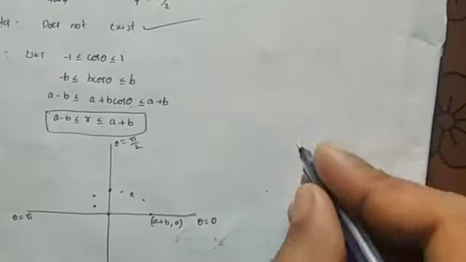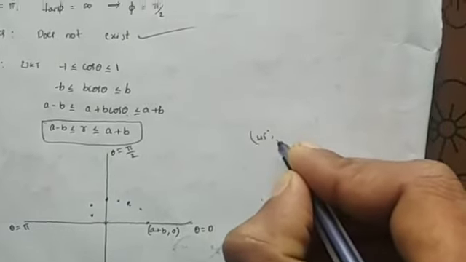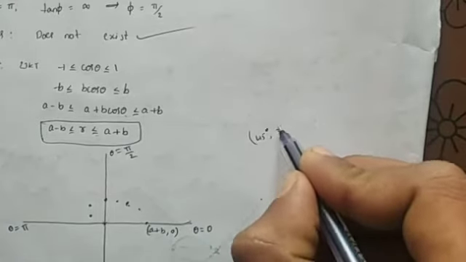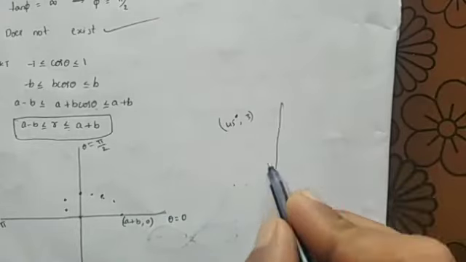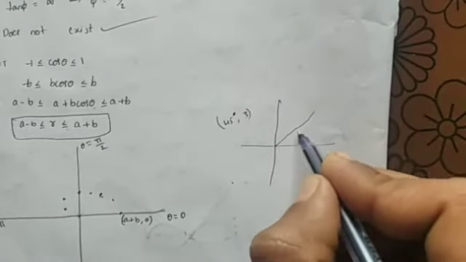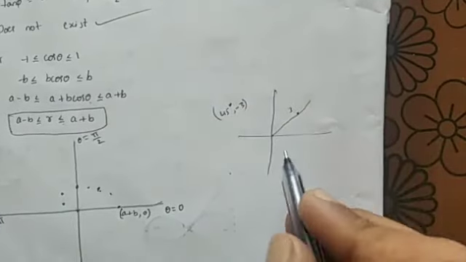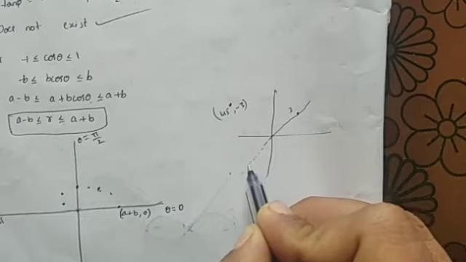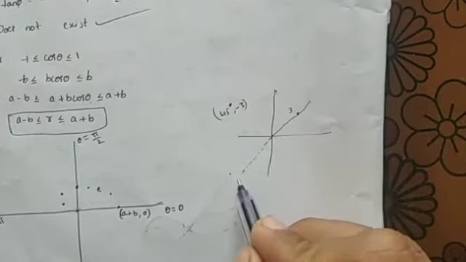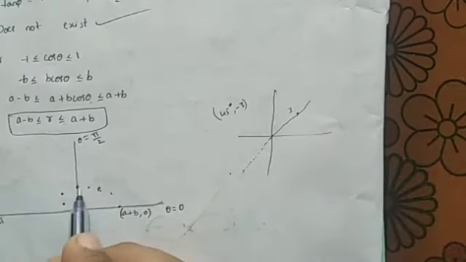Look here, in polar coordinates, for 45 degree comma 3, this is the angle of 45 degree. The distance is 3. If it is minus 3, then we draw it like this. If there is a positive sign, the curve moves towards like this.